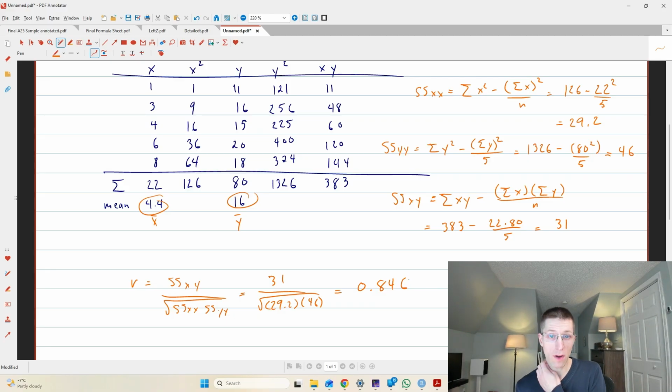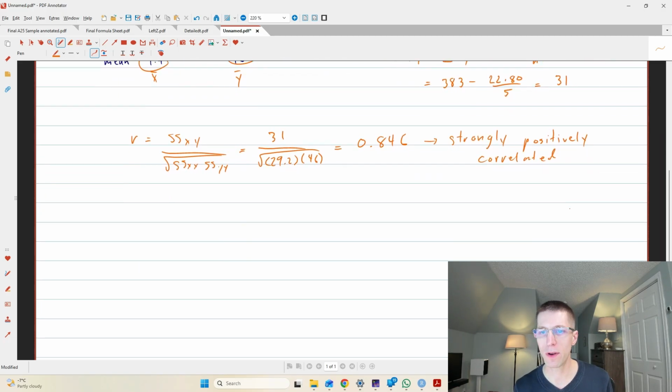Okay, so the variables are strongly positively correlated, because we have a positive number close to 1. Okay, so I know that's not very enlightening to watch me crunch through all that, but maybe seeing how I set up the table is maybe helpful.